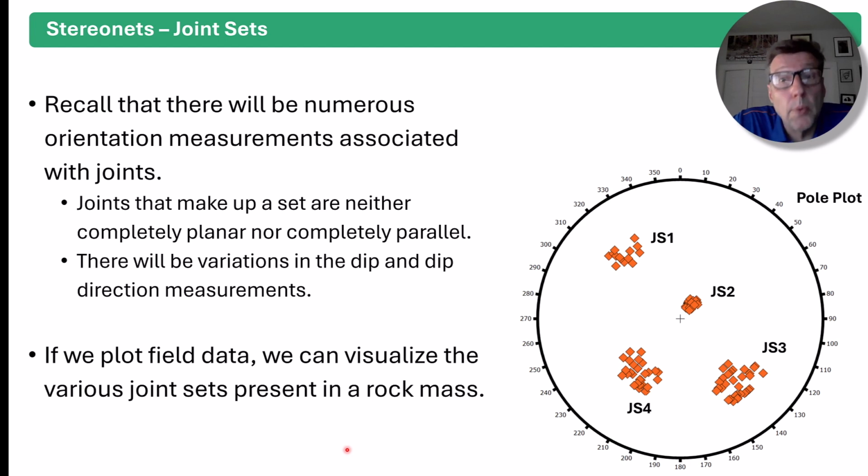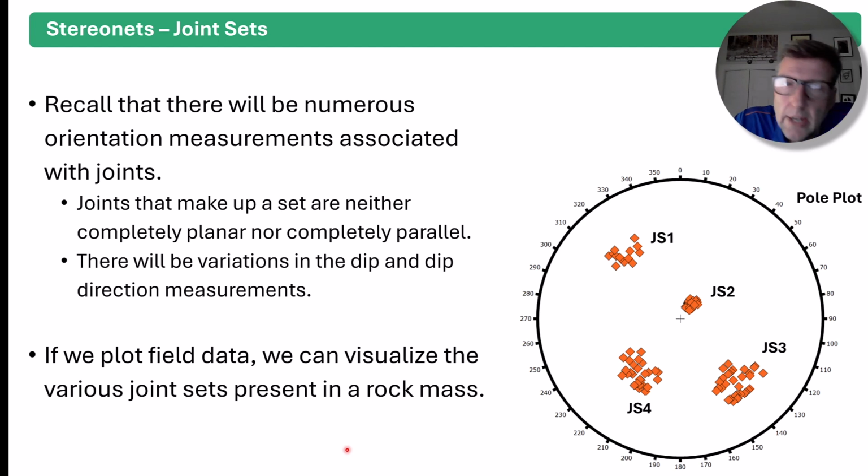Okay? It's important to remember that joints within a joint set are neither completely planar nor completely parallel. There's going to be variations in the dip and the dip direction of these measurements. When we plot all of our field data, we can visualize joint sets within the rock mass.